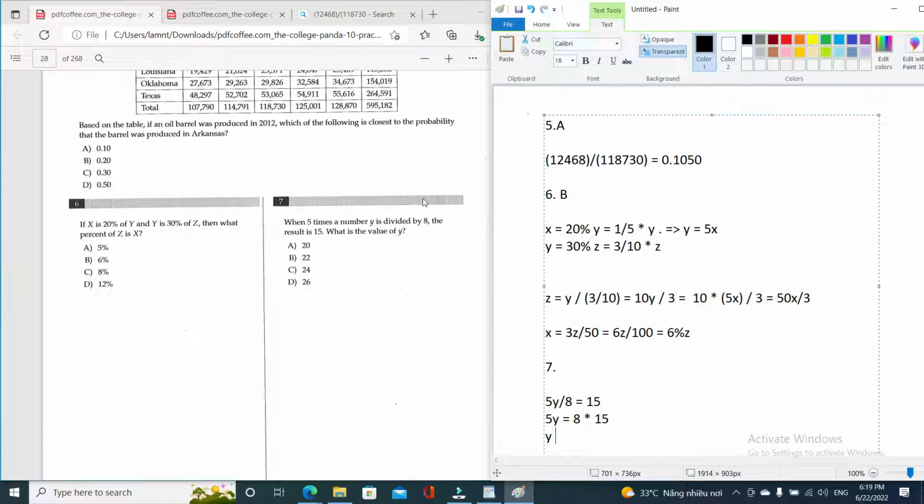So y is 8 times 15 divided by 5. We do this division first because 15 gets divided by 5. So it's 8 times 3. That should give us 24. So 7C. That's very nice. Good so far.